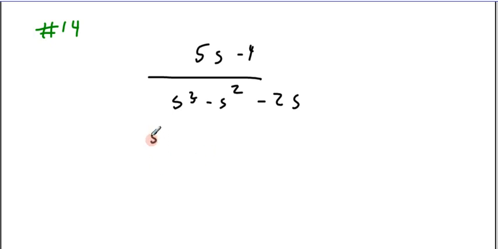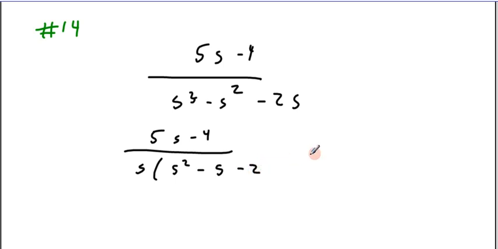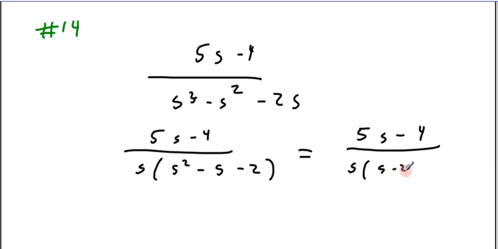So I've got 5s minus 4 divided by s times s squared minus s minus 2. I've got 5s minus 4 over s times s minus 2 times s plus 1.